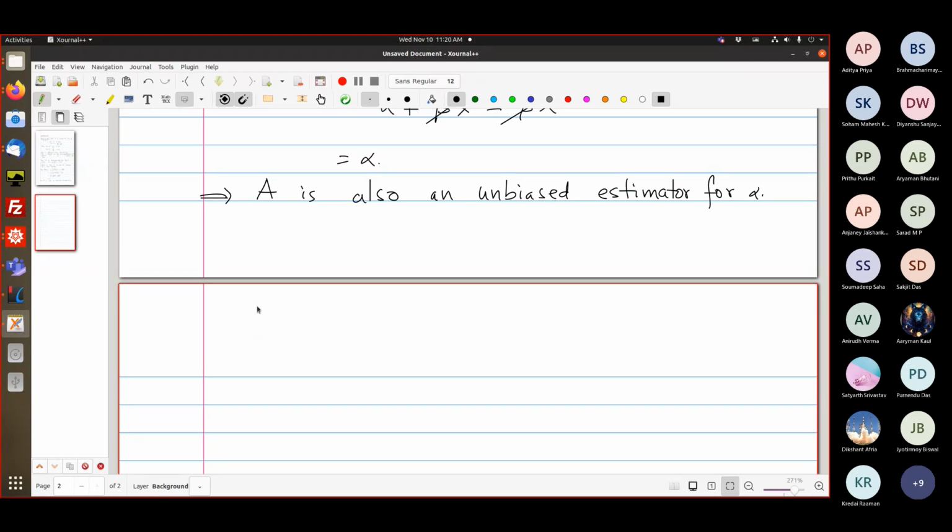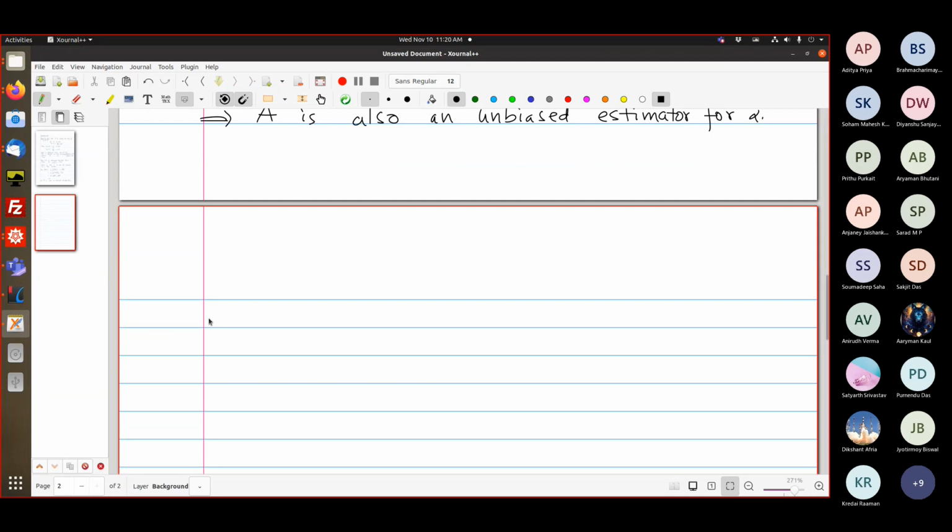Okay, and we can also compute the variance, which I leave for you as an exercise. Show that variance of A is sigma squared sigma i xi squared divided by n times sigma i xi squared minus n x bar squared. This quantity we will define very soon.